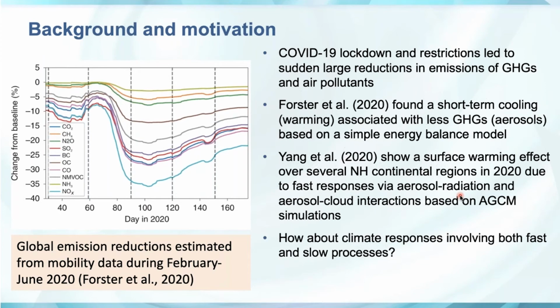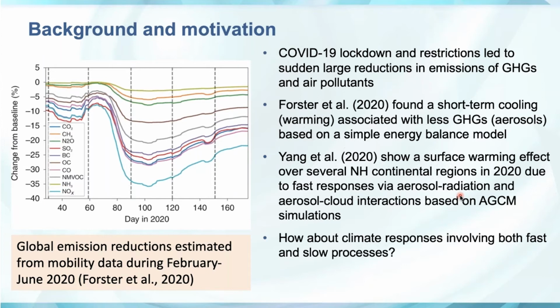The worldwide dramatic responses to the COVID-19 pandemic, starting with China's nationwide lockdown in late January of 2020, have led to large reductions in human activities, and therefore the emissions of greenhouse gases and aerosols are also largely reduced.